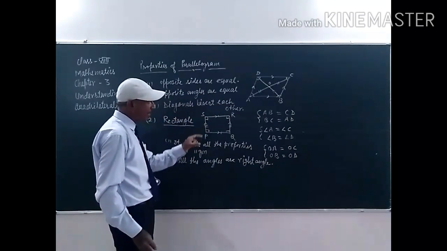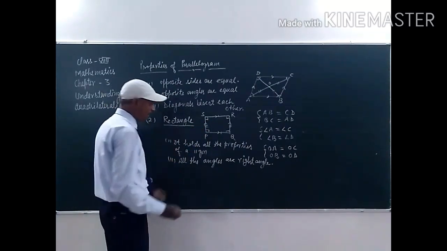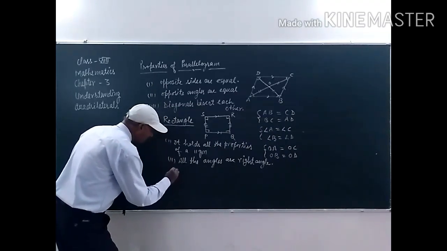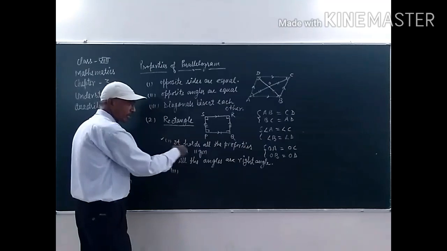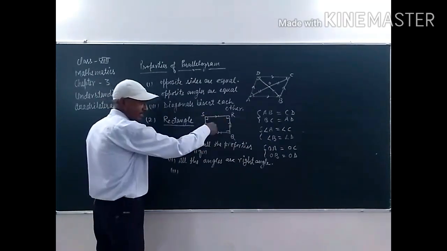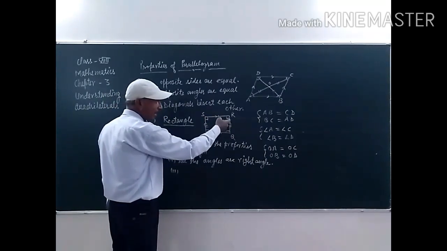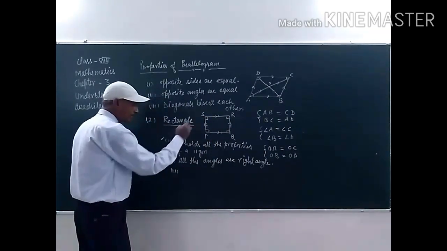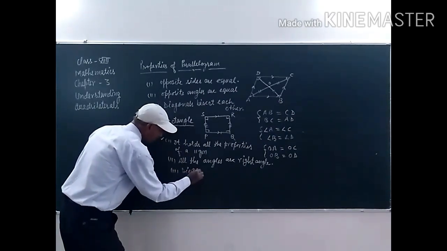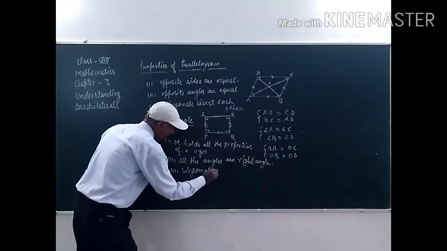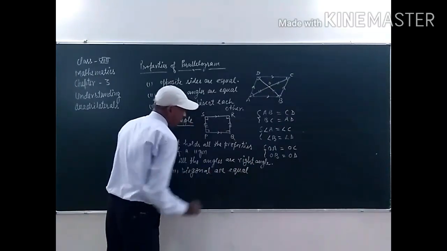In a rectangle, all the angles will be 90 degrees. And the third property: diagonals are equal.